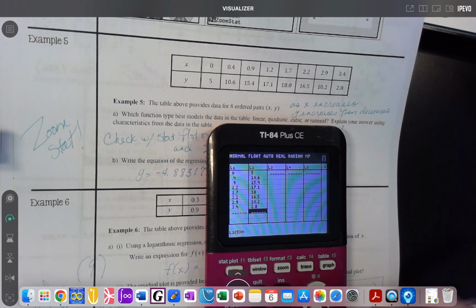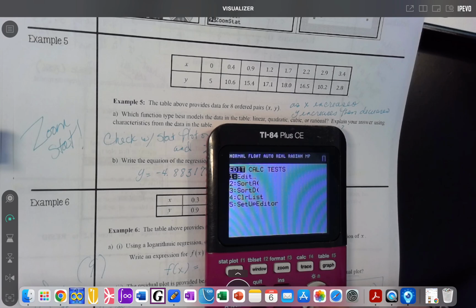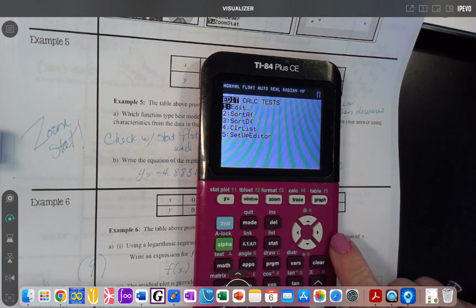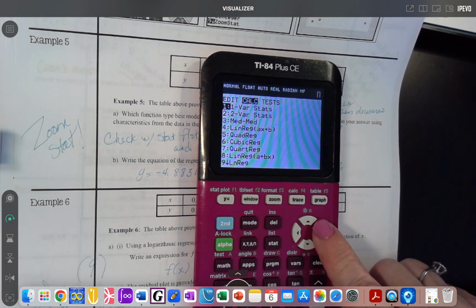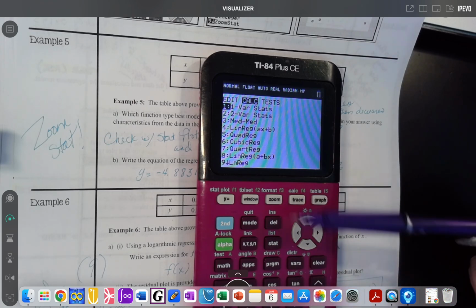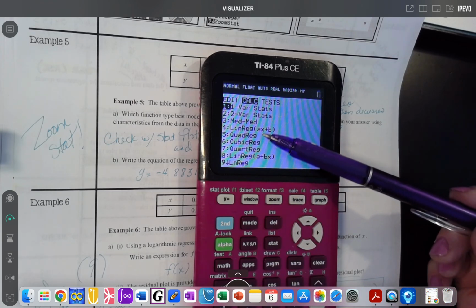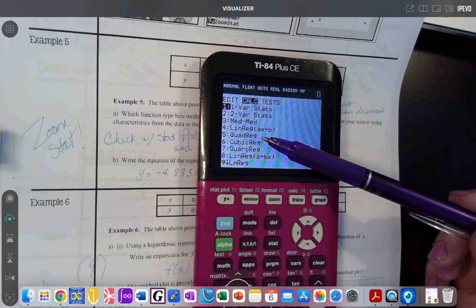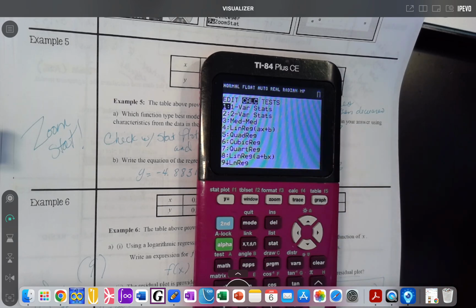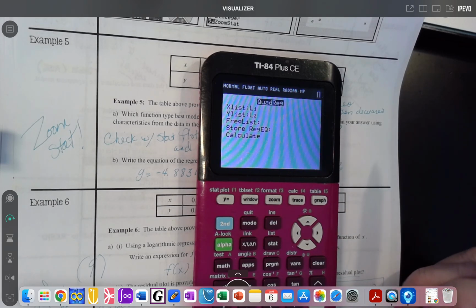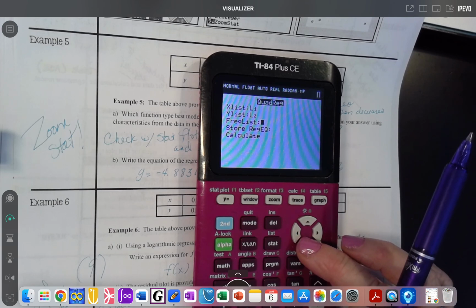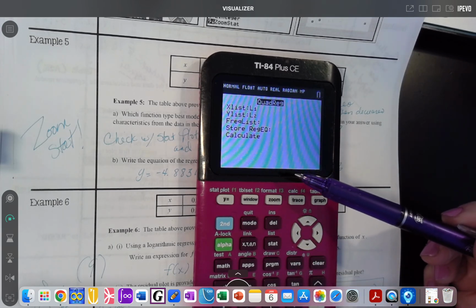So now remember, we go to Stat, go up here, Stat, and we go over to Calc, and this time we're going to look at 5 right up here, quadratic regression, because we think that's a good model. So put in 5. Now remember L1, L2, and remember how to store this.